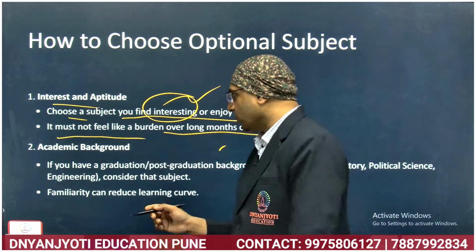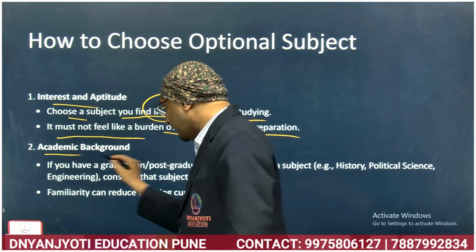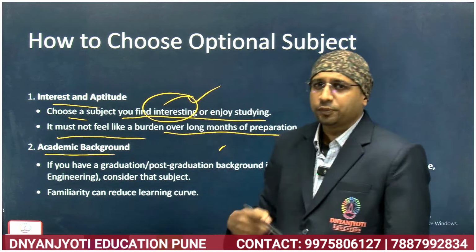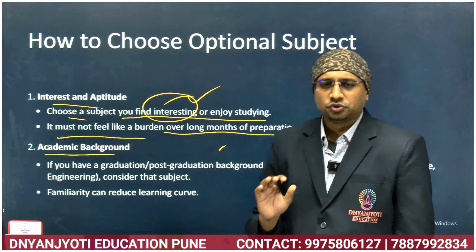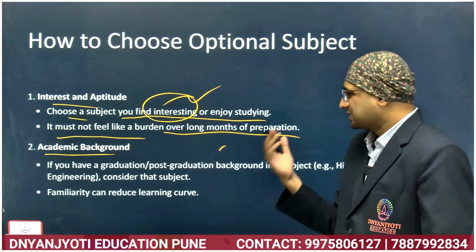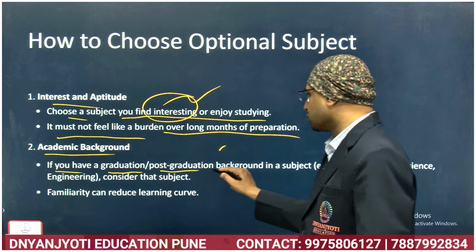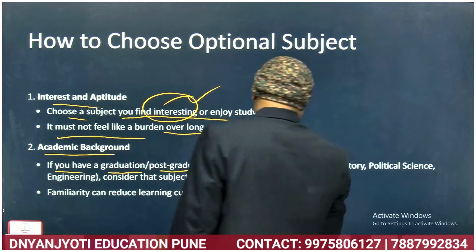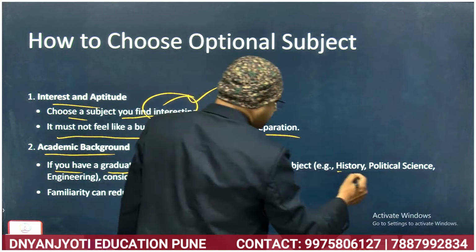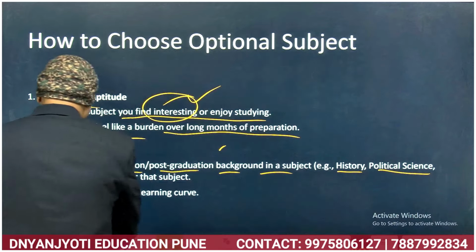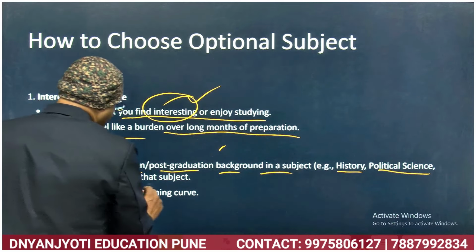Then going forward, your academic background may help you in choosing the optional subject. Suppose you have a graduation or post graduation background in a subject such as history, political science, or engineering, and consider that as a subject.